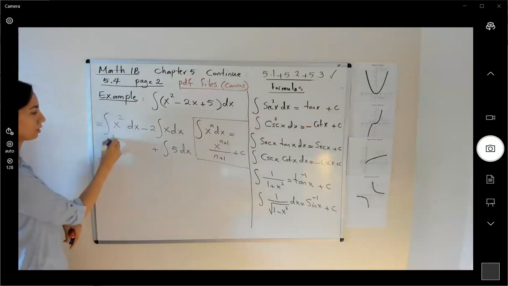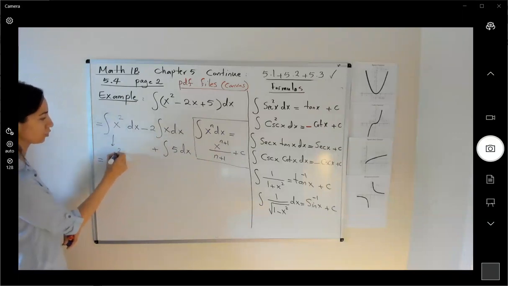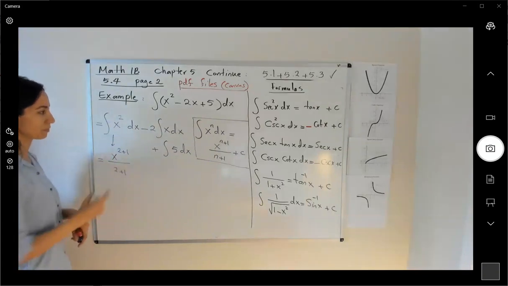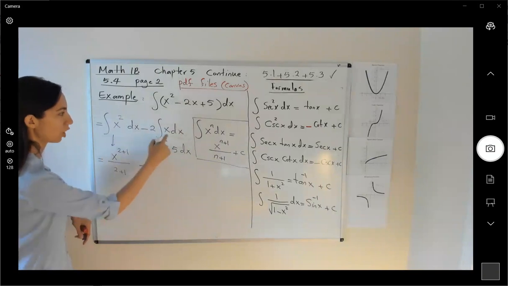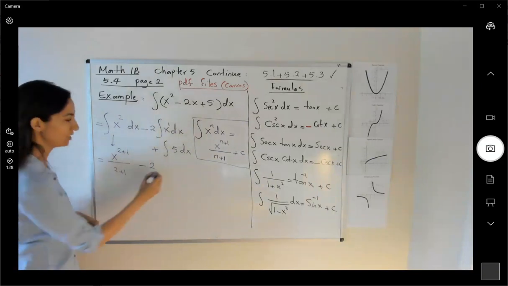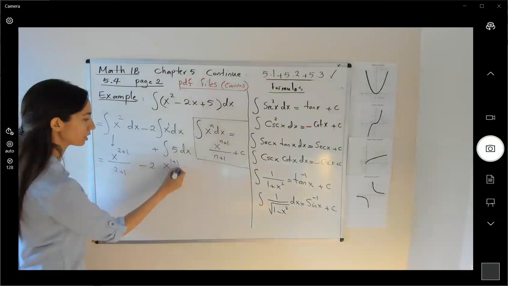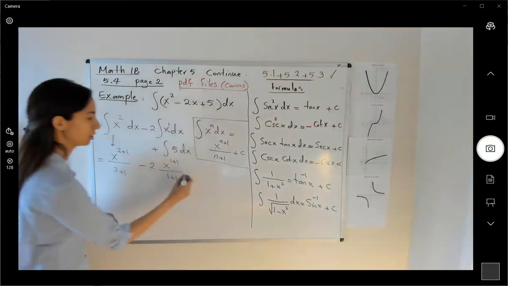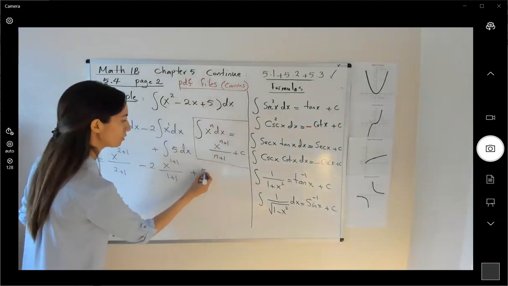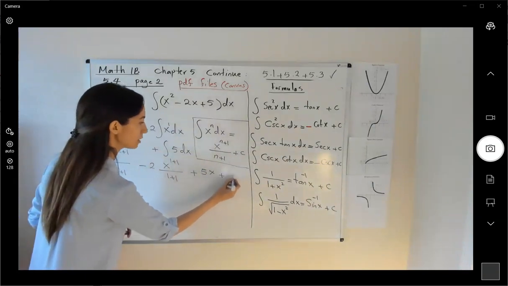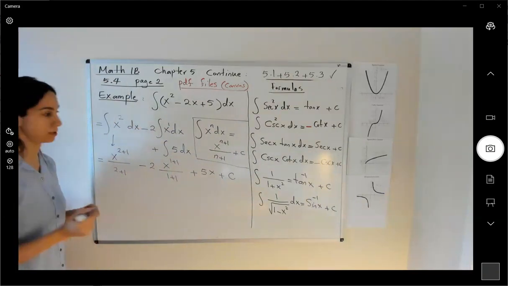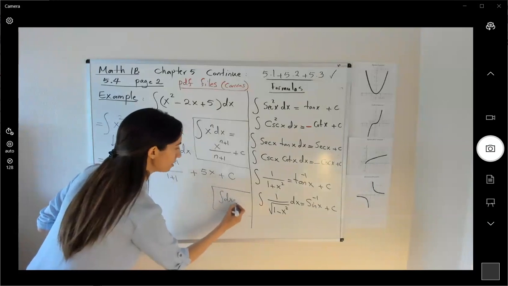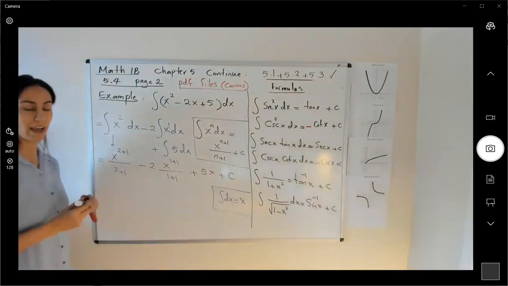The first integral is x to 2 plus 1 divided by 2 plus 1 minus 2 times, exponent here is 1, x to 1 plus 1 divided by 1 plus 1, and the last integral plus 5 times x plus constant of integration. Remember that the integral of dx is equal to variable x.